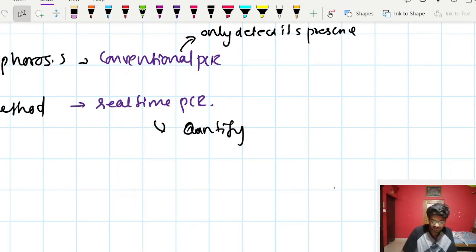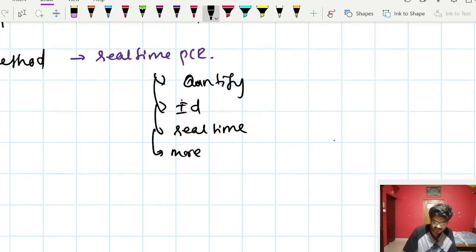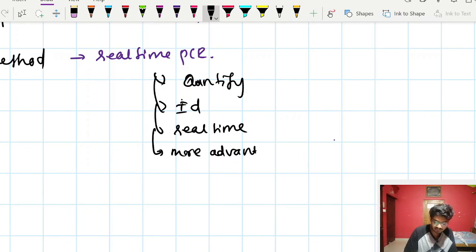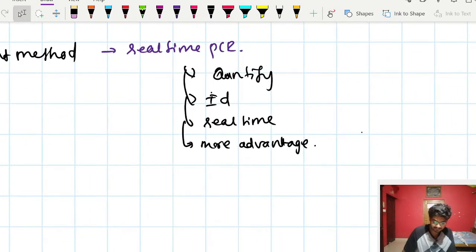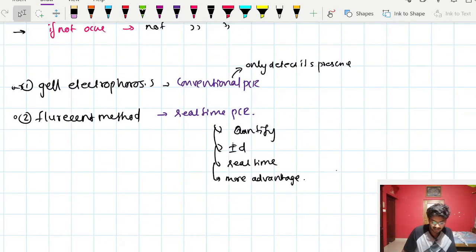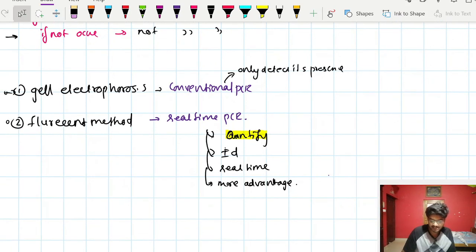So real-time PCR has more advantage over conventional PCR. We already know RT-PCR is done in our corona test; in corona testing we actually use reverse transcriptase real-time PCR. We can quantify, that is the main advantage. We can know how much pathogen is present in real-time PCR, but in conventional PCR we cannot.